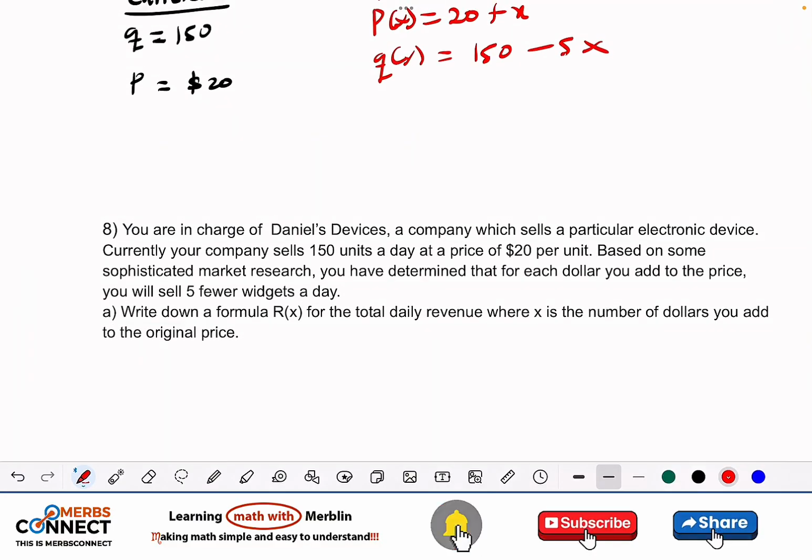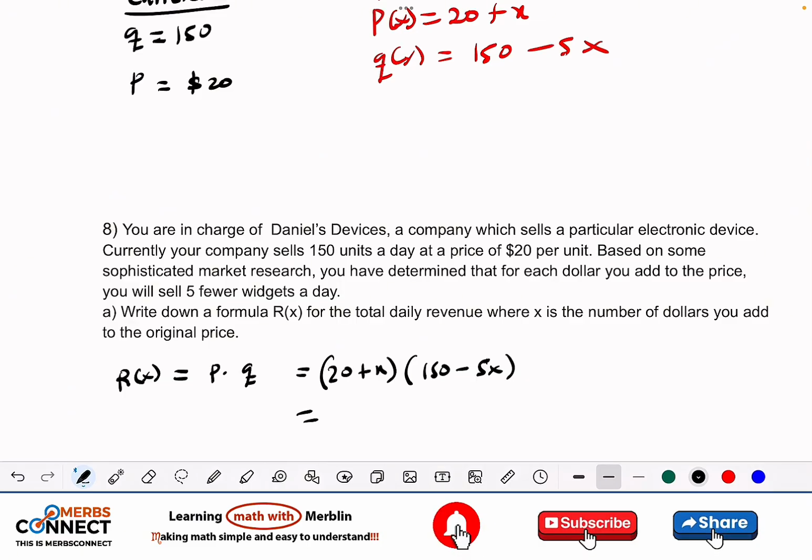Now we want to form the revenue function. R of X is equal to, we know that revenue is price times quantity. So this is going to give us 20 plus X times 150 minus 5X. Let's simplify that. Write down a formula for total revenue.